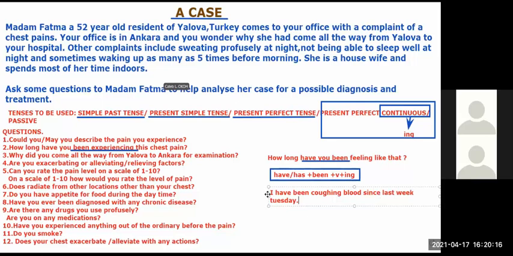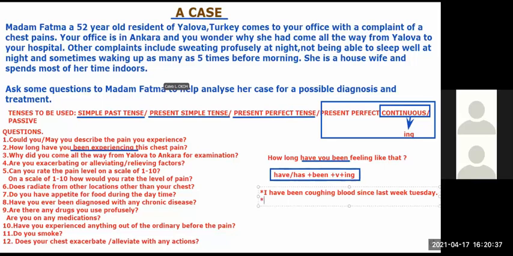All right, I've been coughing blood since last week, Tuesday. What exactly does it mean? It means last week, Tuesday, I started coughing blood, and until now, it is still continuing. Whenever I cough, I see blood in my cough, right? So that is it there.